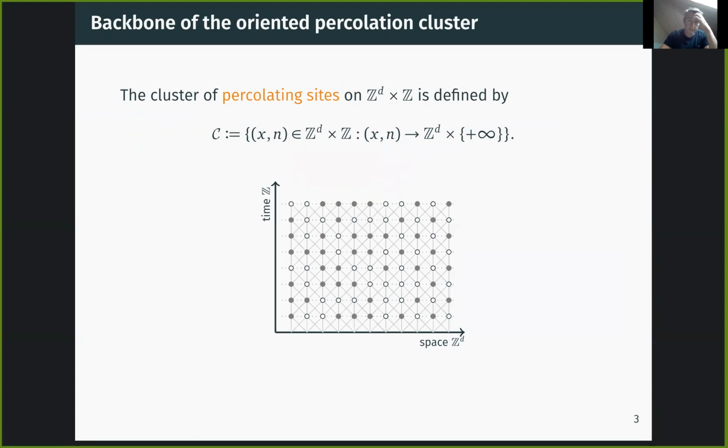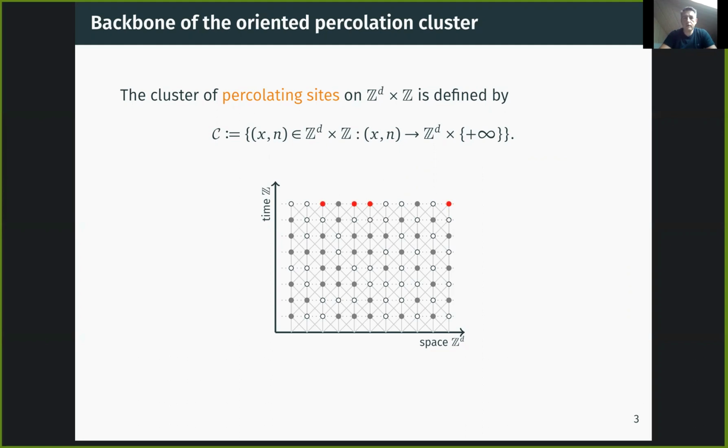We define the cluster of percolating sites, denoted by calligraphic C, as the sites in Z^d times Z which have an infinite open path starting in them.